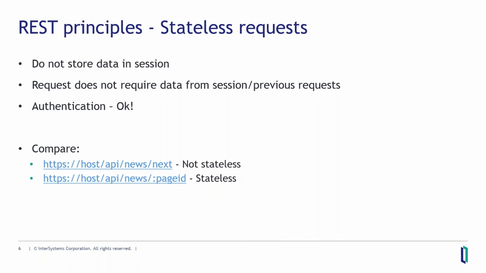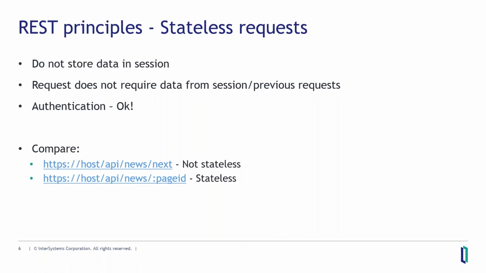I'd like to start with an example. Let's say you have a news site with a lot of news, and your user has a news feed, obviously, and he gets the news feed by pages. Let's say one page is 10 news articles, and you can write your API two ways. First of all, you can track which page the user is currently on.